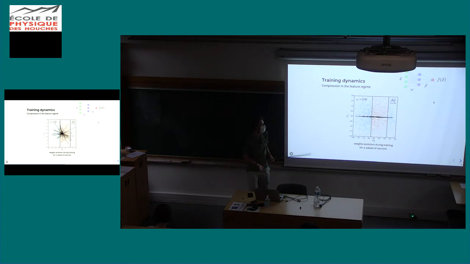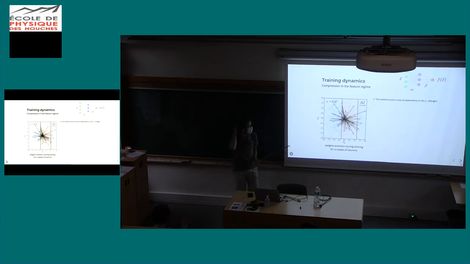What we expect, if we can move the weights, is that they align with the only relevant direction, and this is what we see happening in this context. From this, we can tell something about the network function first of all: the network function loses the dependence on the parallel directions. And on top of that, the NTK evolves with the weights, and also the NTK loses the dependence on the perpendicular direction.